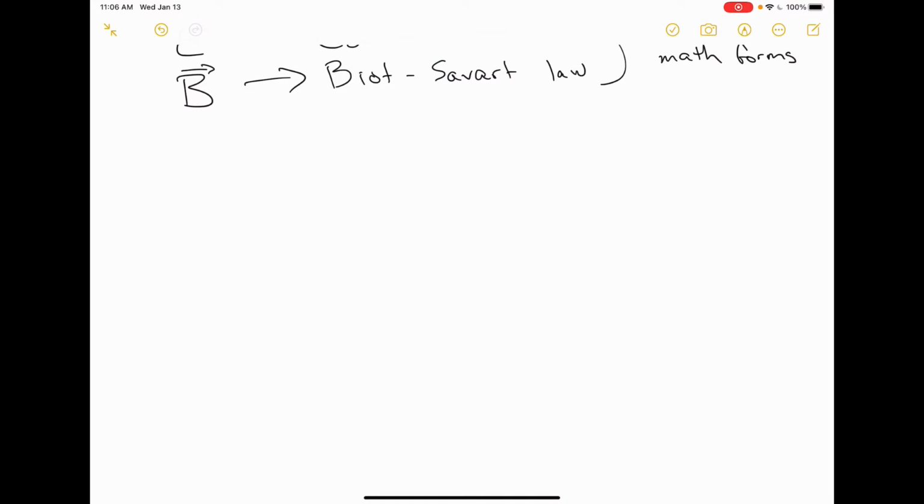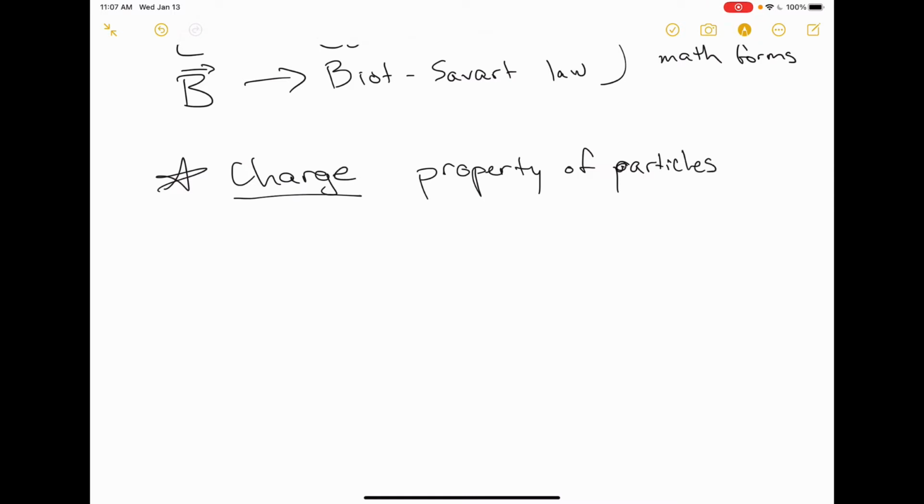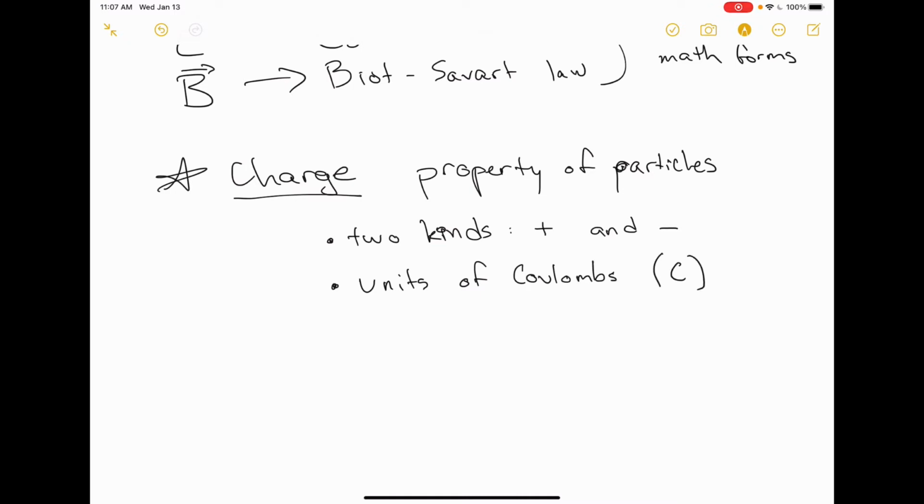What is it? Charge is a property that particles have. There are two kinds, and we refer to them as positive and negative. They have units of coulombs, which uses the symbol capital C and just measures how much charge there is.